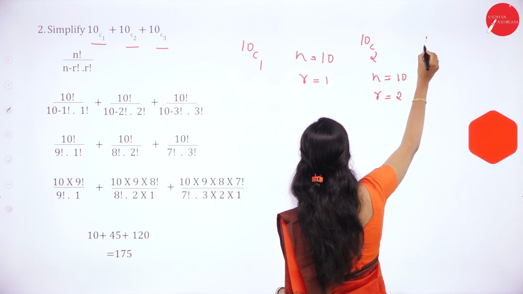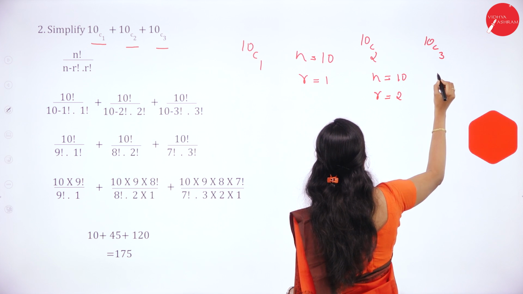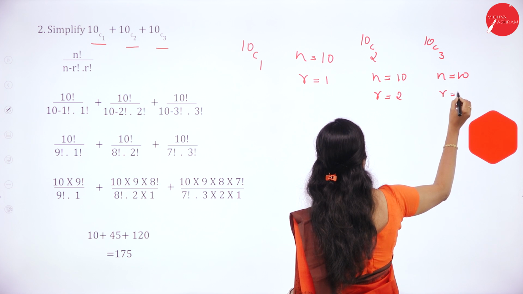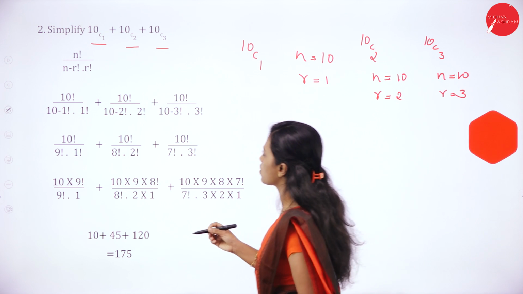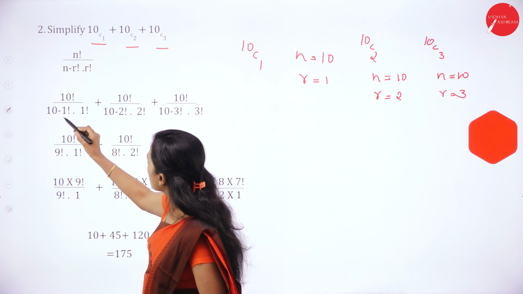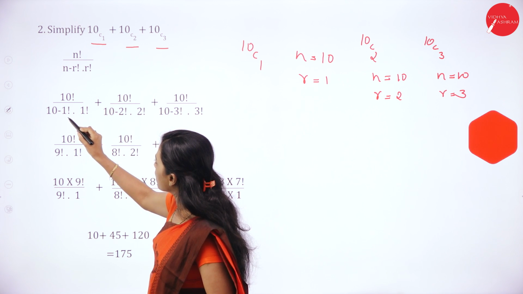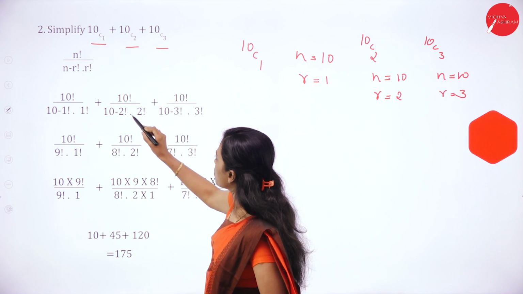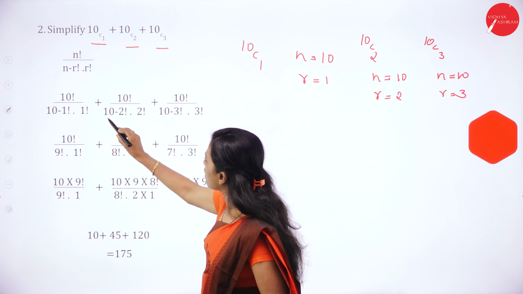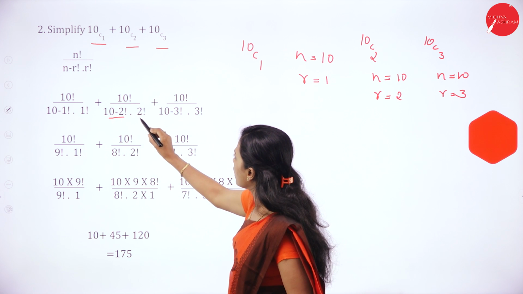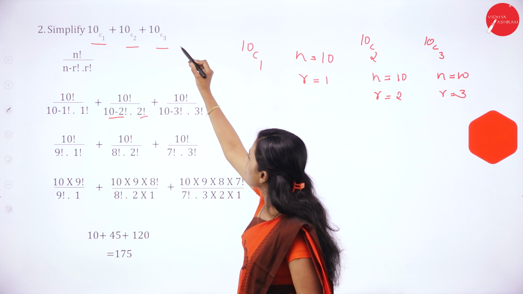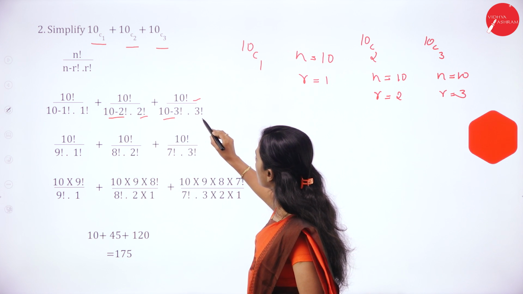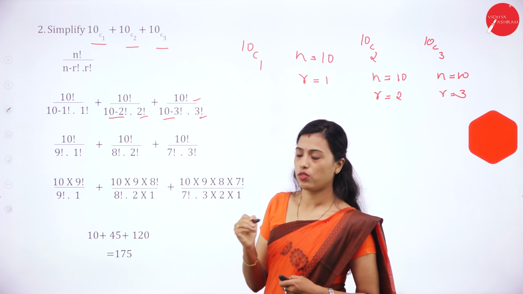In 10C3, n is equal to 10, r is equal to 3. So 10 factorial divided by 10 minus 1 factorial into 1 factorial. For 10C2, 10 factorial divided by 10 minus 2 factorial into 2 factorial. For 10C3, 10 factorial divided by 10 minus 3 factorial into 3 factorial.